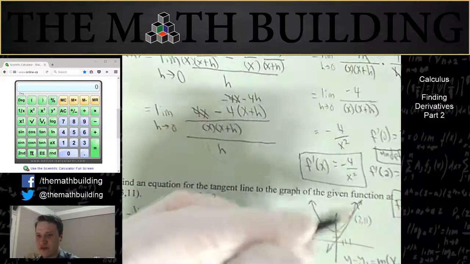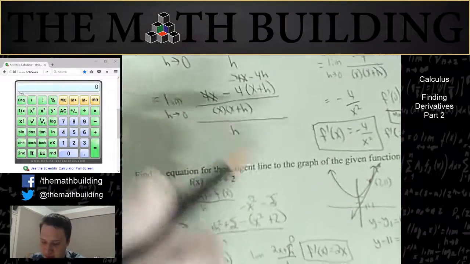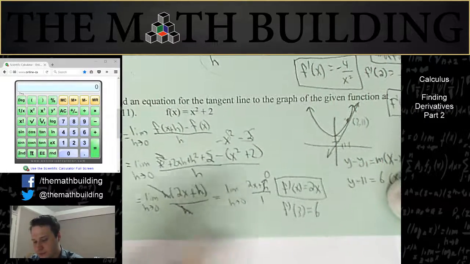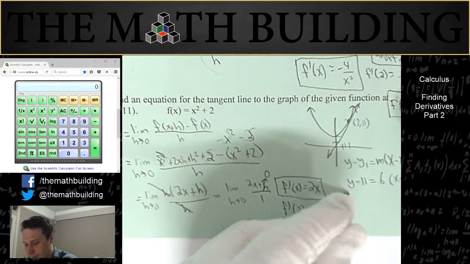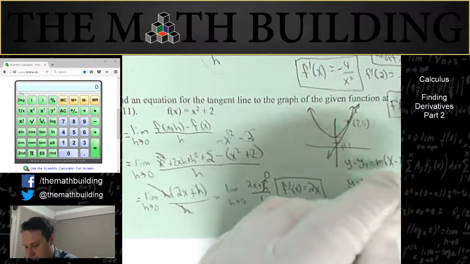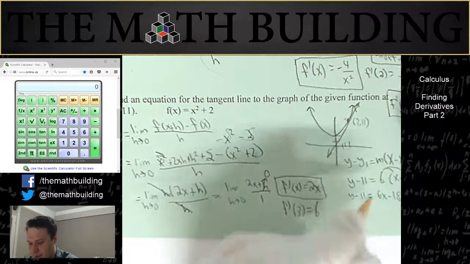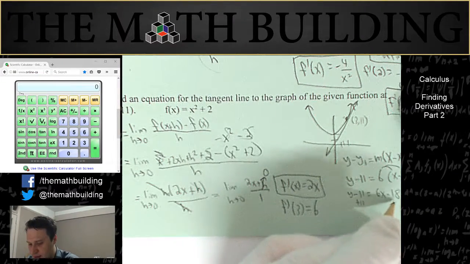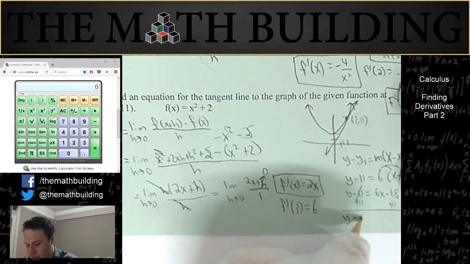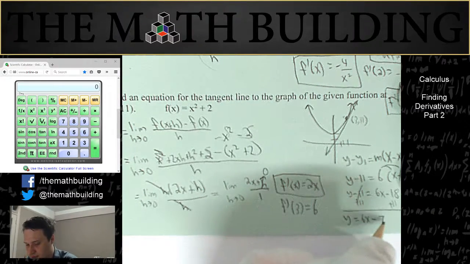To find the slope of a tangent line, you just need to plug that x value into your derivative function. So now let's just simplify. y minus 11 is equal to 6x minus 18 after you do the distributive property. And then finally add 11, add 11. So the answer they're looking for is 6x minus 7.